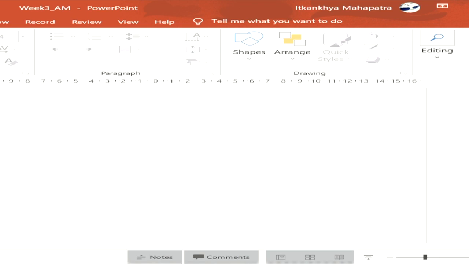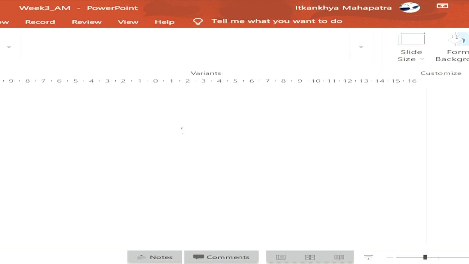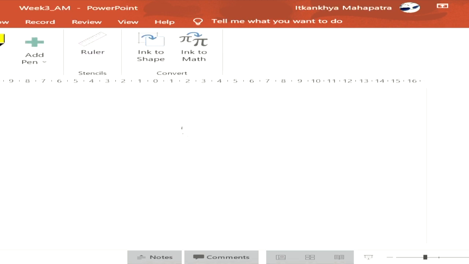Now, according to the question, we have the triangle whose vertices are P1, P2, P3. We will name them: this is 1, 1, 0.